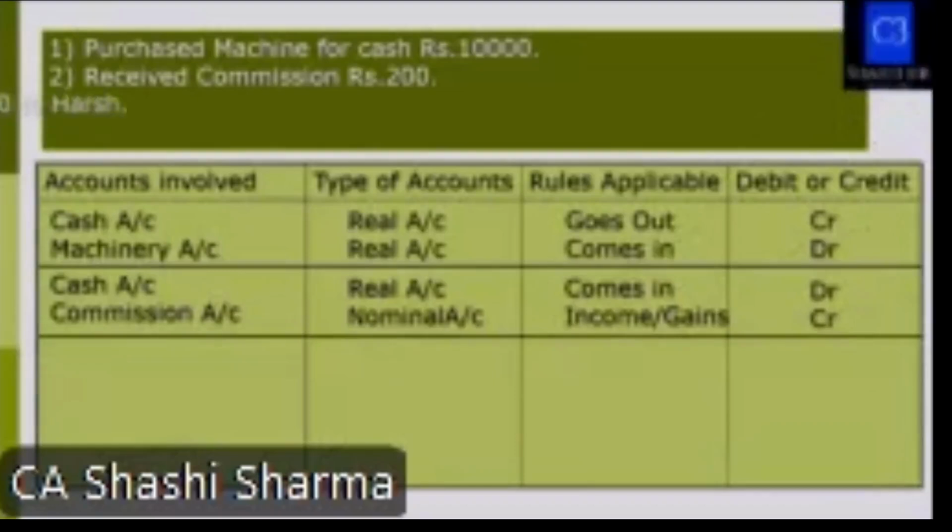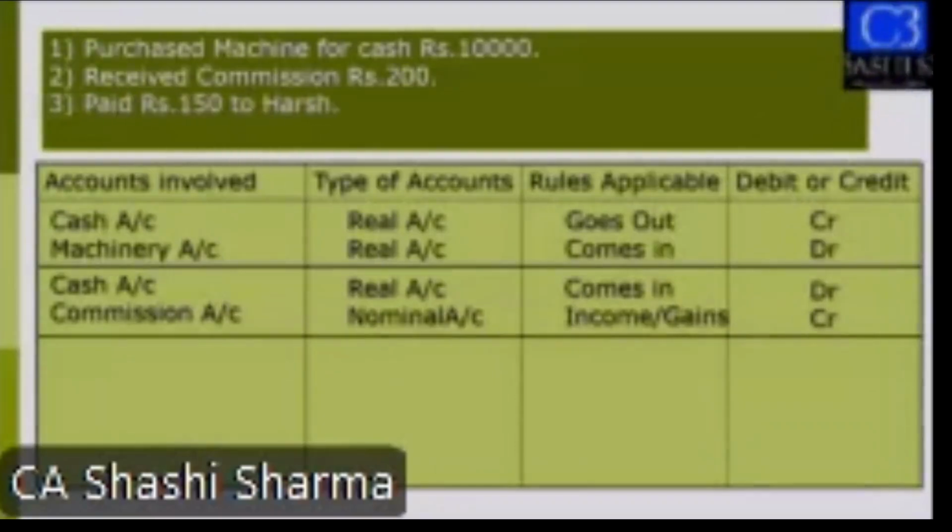Once again, paid rupees 150 to Hers. The name of two accounts? Cash account and Hers account. Yeah, correct.